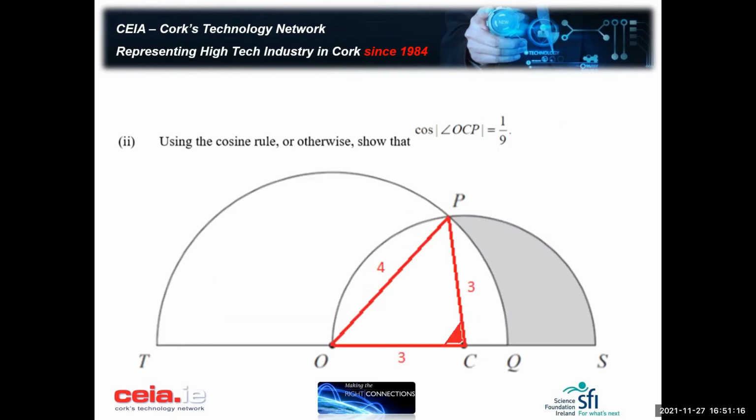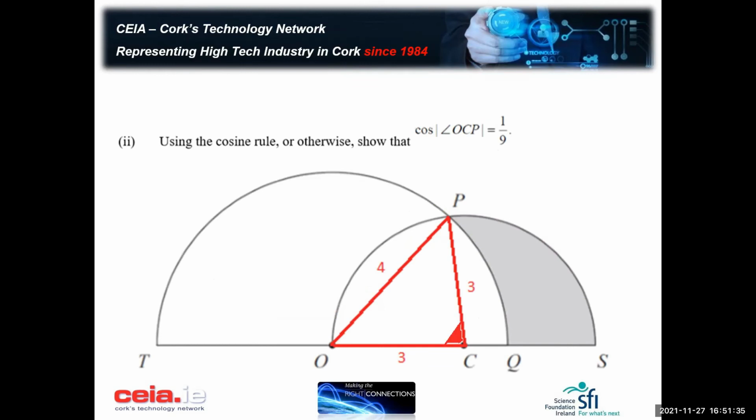So using the cosine rule or otherwise, show that the cosine of the angle OCP is 1/9. Okay, so again, just to draw in what that angle actually is.